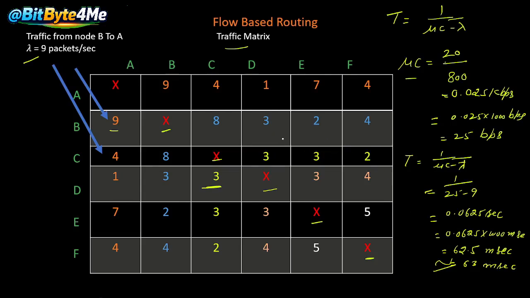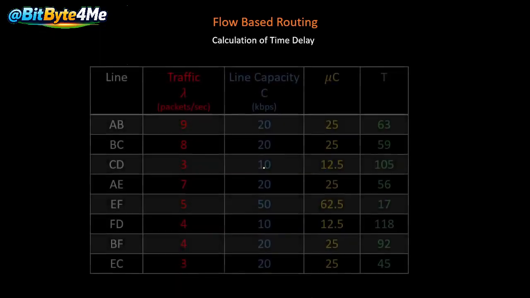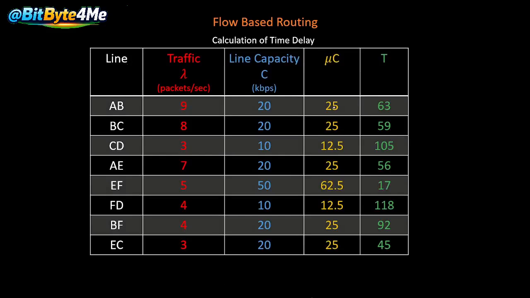Similarly, we can calculate the time delay for all the routes. The time delay shown for the first one is 63, which we have calculated, which was 62.5, approximately 63.